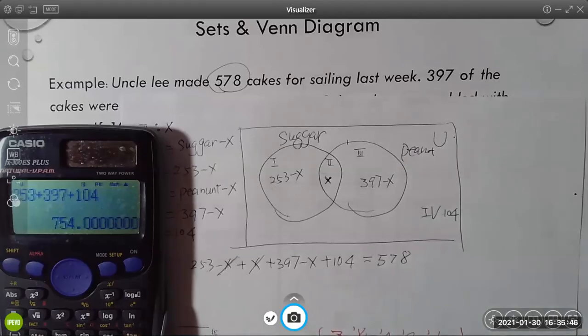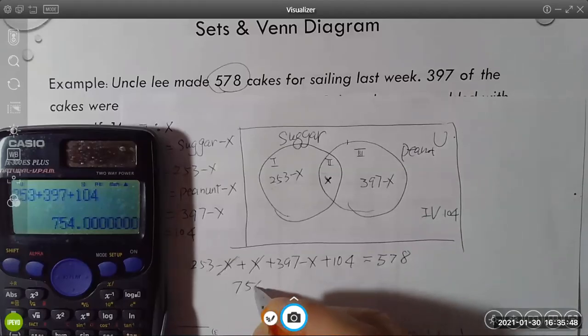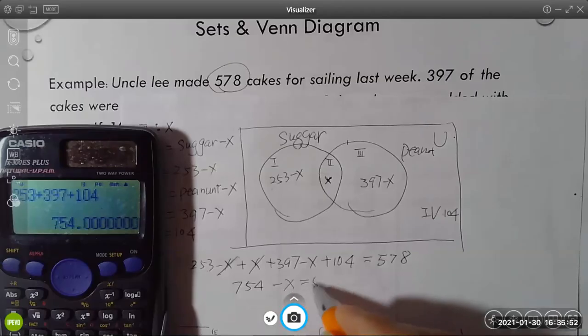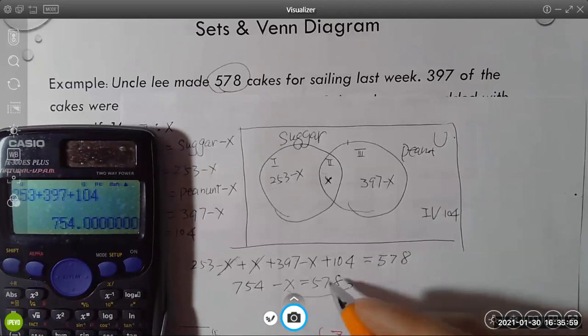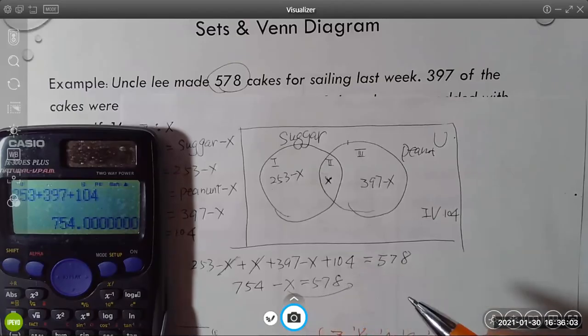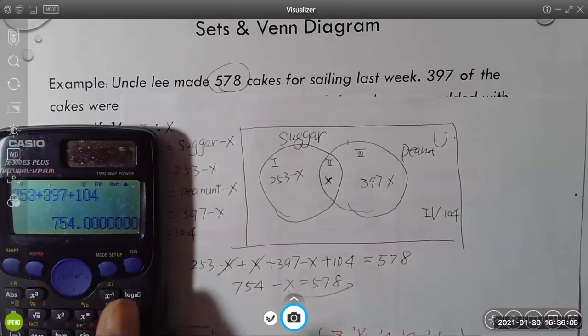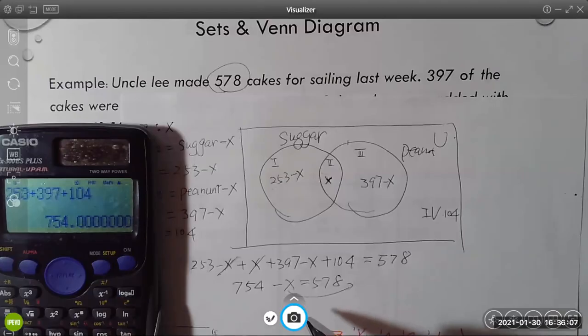You get 754. So 754 minus X on this side equals 578. To solve for X, basically move X to this side to make it positive. Hold on, I must have done something wrong, because otherwise it's going to be a negative number. We cannot have a negative number for sure.